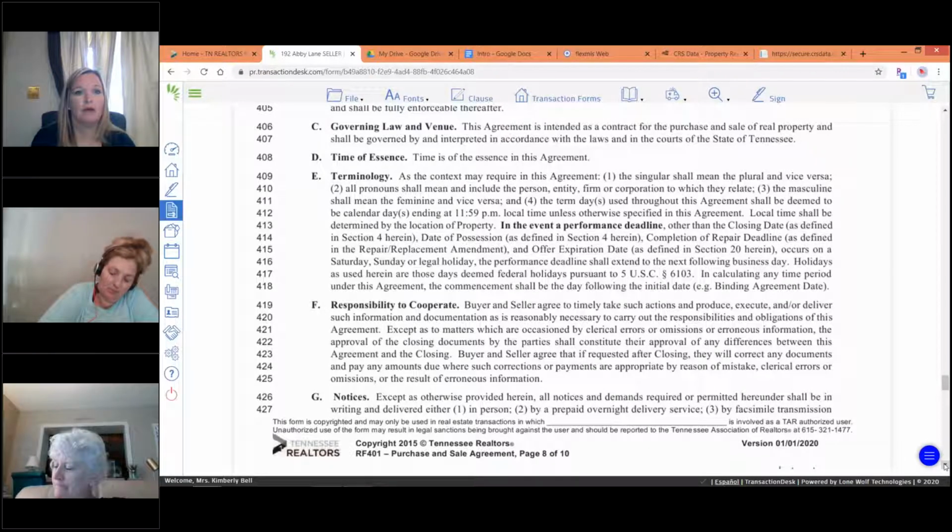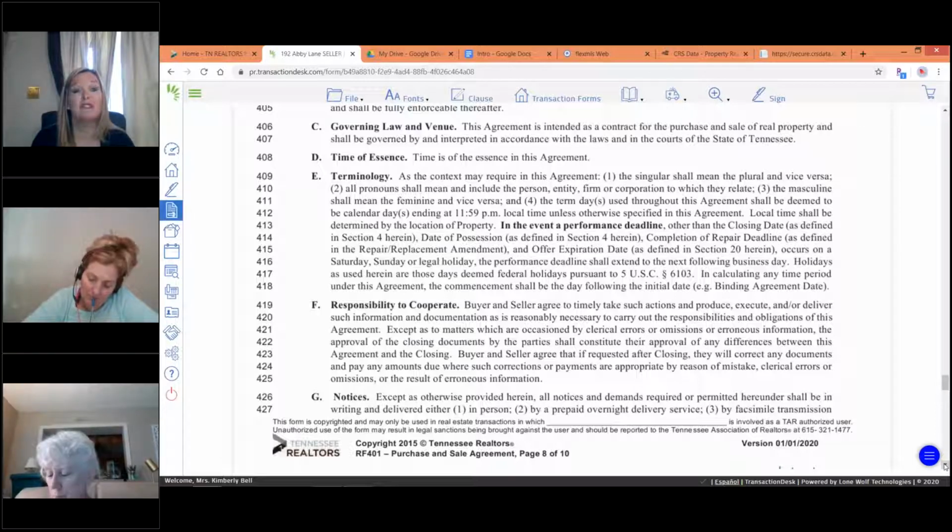Terminology. This is probably the most important part of the contract to me. And every time I start dealing with deadlines, this is where I have to go. As context may require in the agreement, the singular shall mean plural and vice versa. All pronouns shall mean and include the person's entity, firm, and or corporation on which they relate.